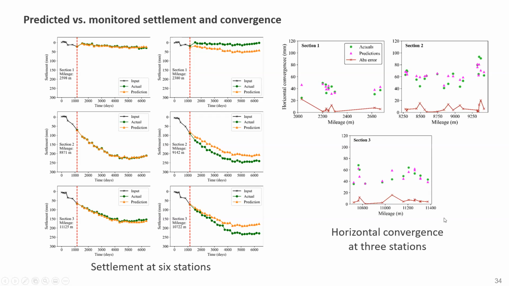Same with the convergence at the three stations. The green points are the actual data. The triangular points are the predictions, and the errors between prediction and actual data are less than 20% in most instances. So the predictions are quite good.